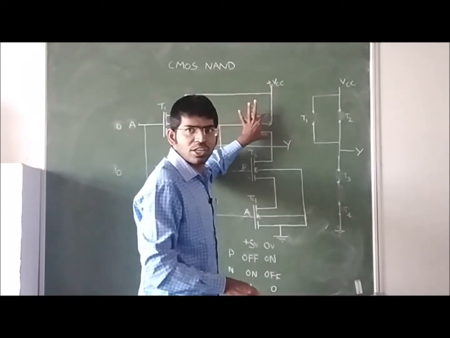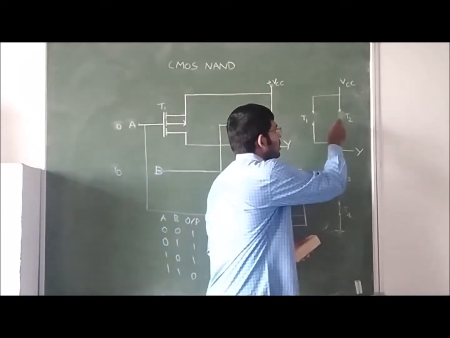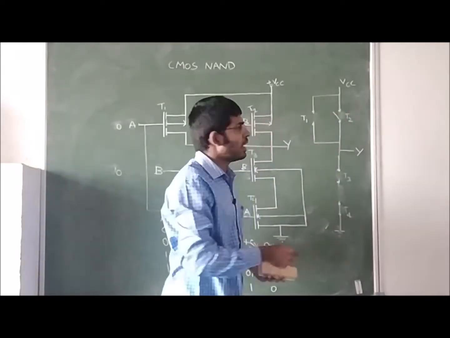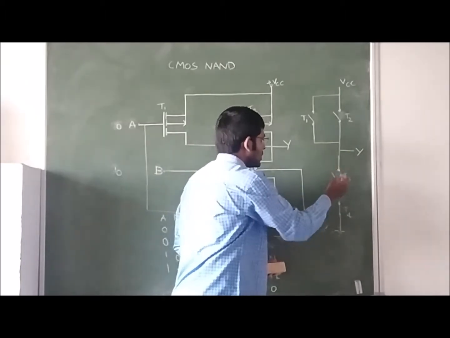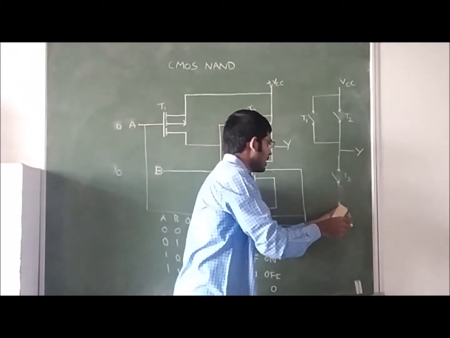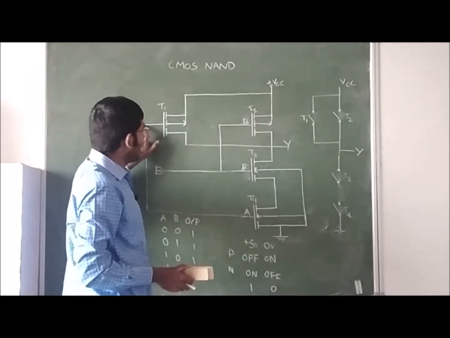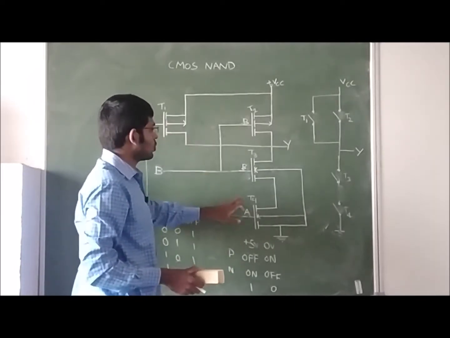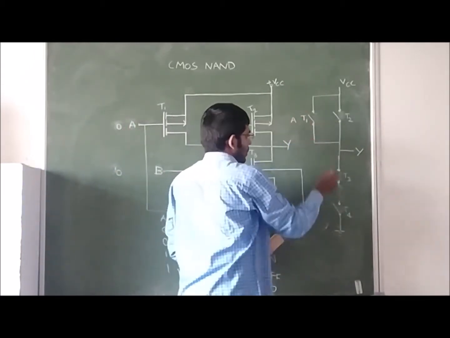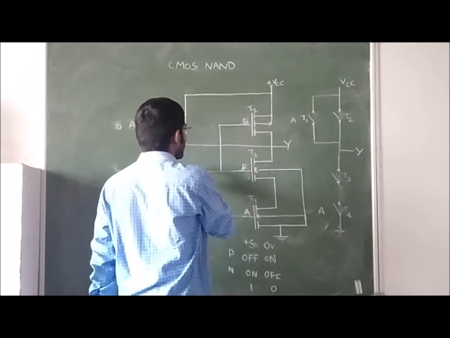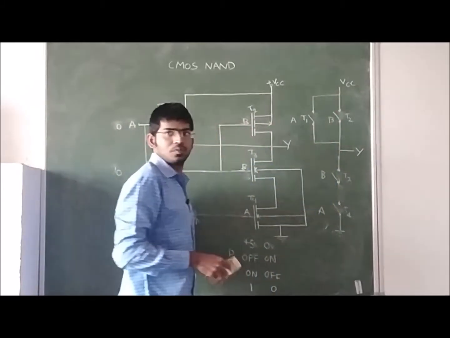Instead of the transistor T2, I represented it with a switch. Here also I am representing a switch. T3, here also a switch. T4, here also a switch. Now we have connected input A to the transistor T1 and to the transistor T4. And we have connected B to transistor T3 and transistor T2.